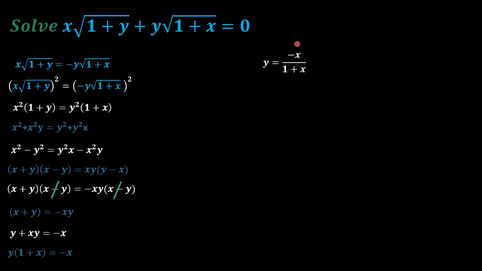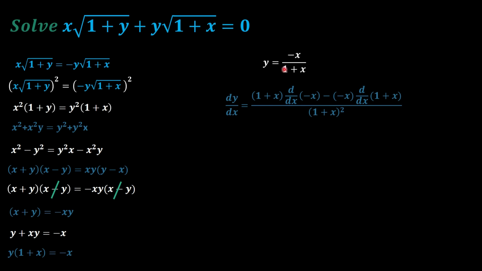Now we will differentiate this equation. How? We will apply derivative on both sides of the equation. So it will convert into dy/dx after applying derivative, and here we will apply the quotient rule.